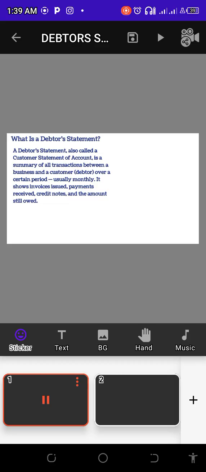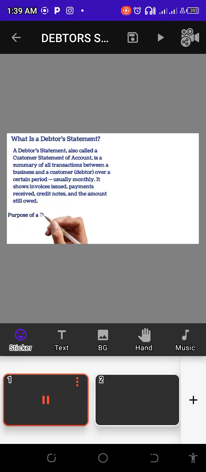Now, what is the purpose of a debtor's statement of account? The first purpose is that it reminds the debtor of the outstanding amount.